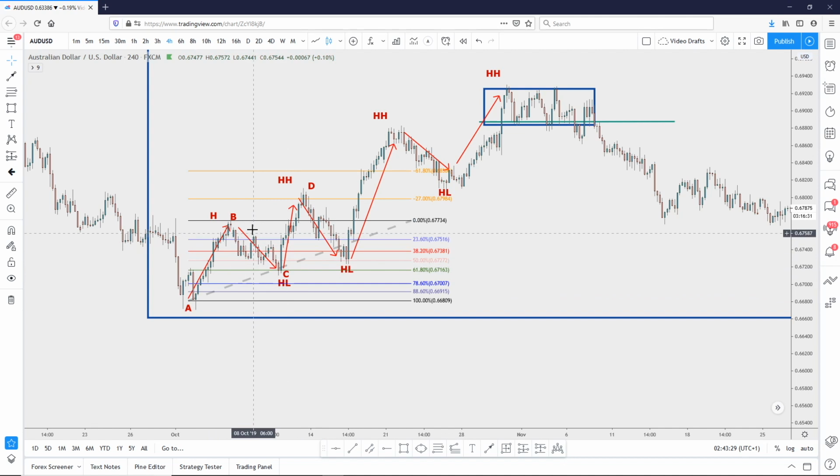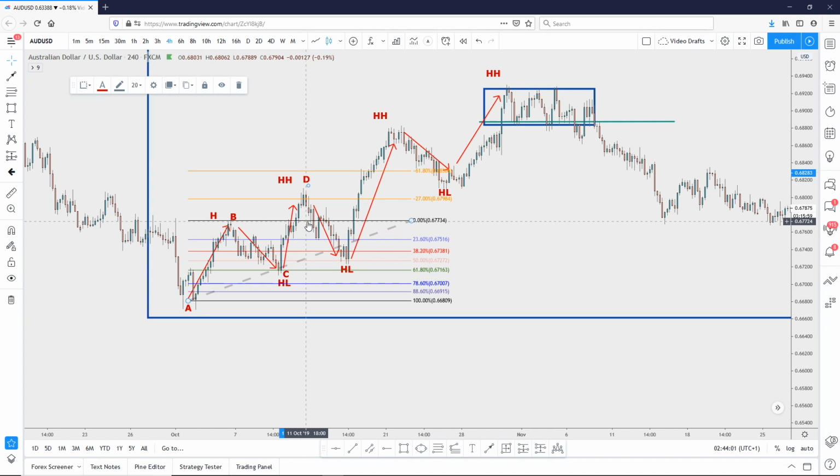Okay, so now that you know that point C is a retracement, point D is the next impulse wave. Where is this headed? And our target. So I've told you in the previous chapter that if we bought here, our targets can be 0%. So we could have closed our trade here, or negative 27%, or 61.8%. So those are our three take profits.